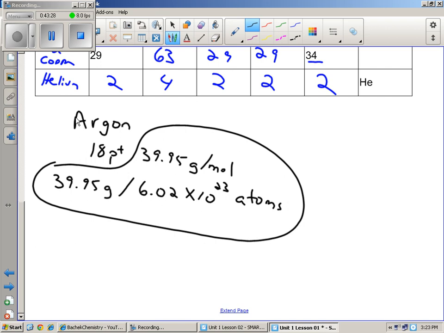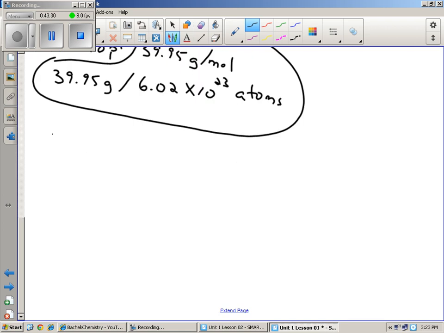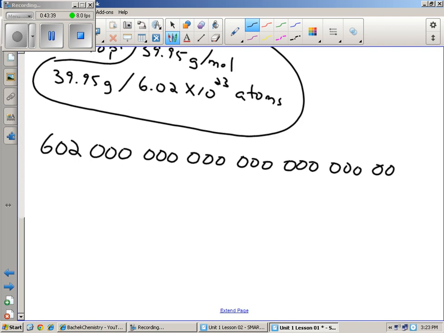If you're not sure about that number, it's 602 and then a long string of zeros like this. If you took that many argon atoms, put them on a scale, the scale would read 39.95 grams.